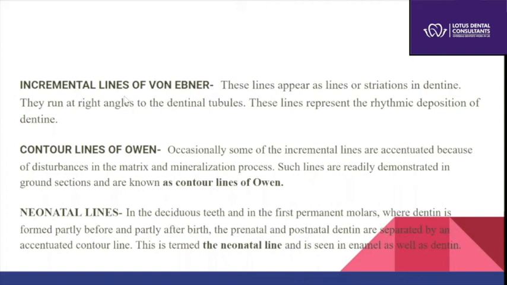These lines are only formed during secondary dentine, because it is the rhythmic deposition. As we told you, secondary dentine is deposited very slowly around the pulp, forming throughout life.